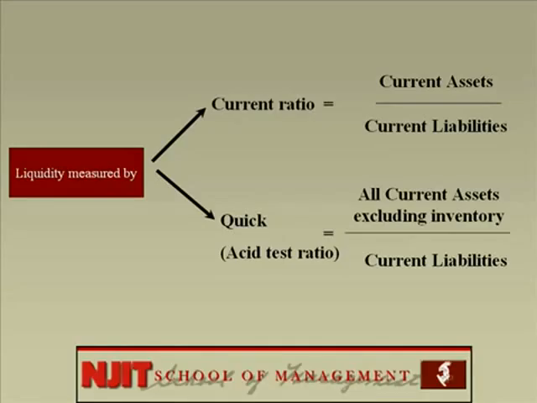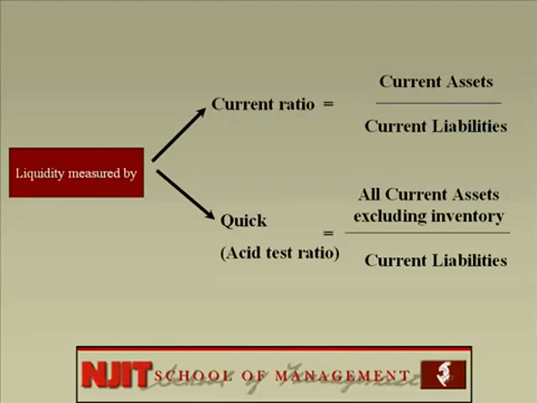Now, let's try the quick ratio. You add all the current assets excluding inventory. So it's 21,000 plus 18,000 plus 92,000 divided by 135,000, and you get 0.97.